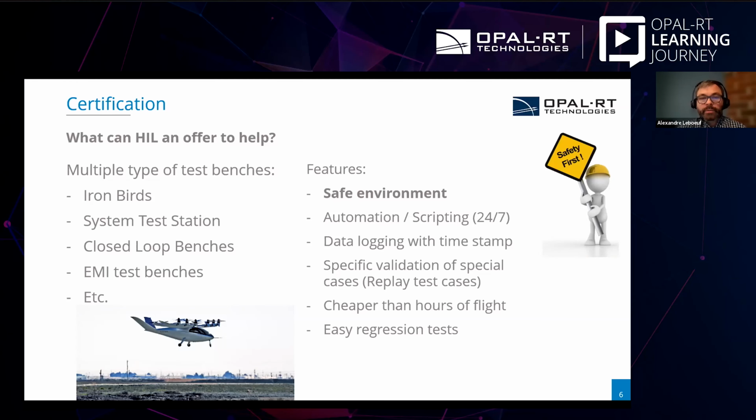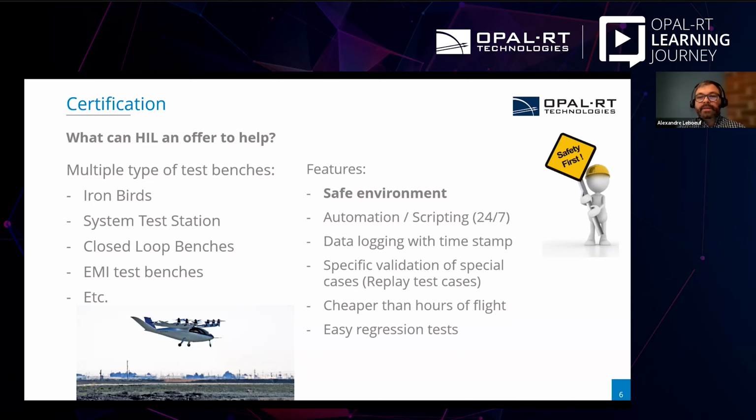EMI test benches, because well, we don't always subject our flying prototypes to electromagnetic interference while flying. So we need to actually encompass that into test chambers, etc. All of that is really to create a safe environment to be able to do the tests.